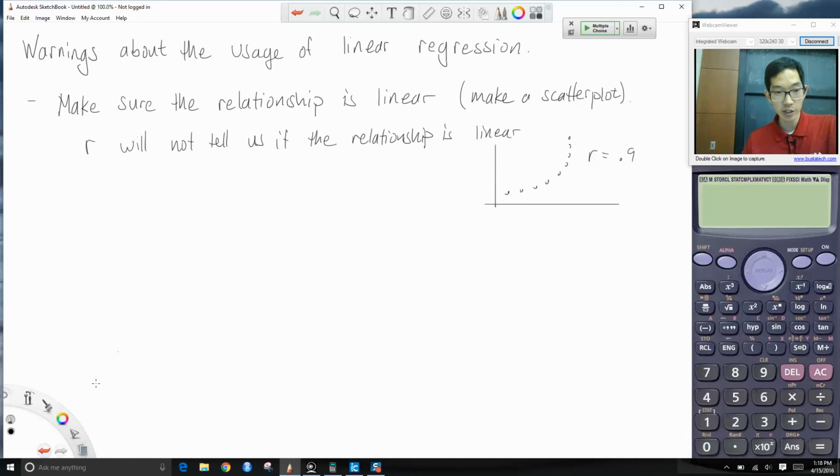But a straight line relationship is not appropriate. A straight line is not appropriate.